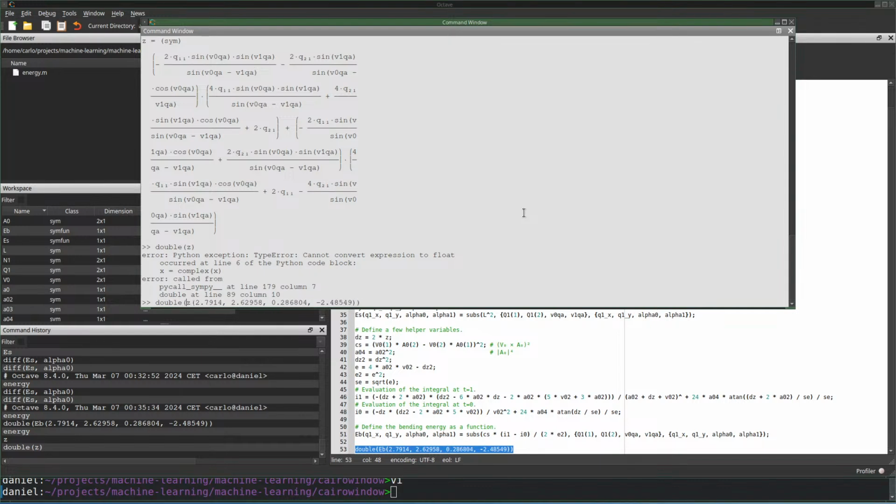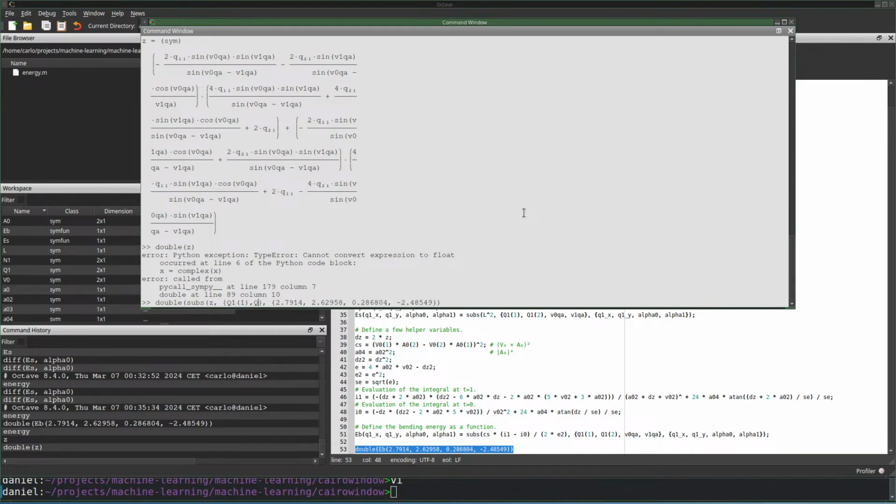That's not working. Let's make a subs Z. I'll replace that with these values. Q11.